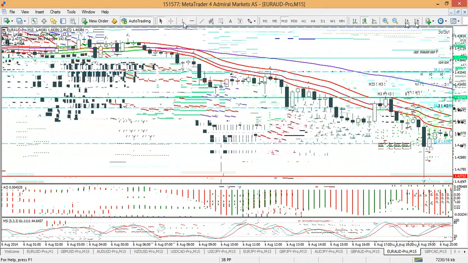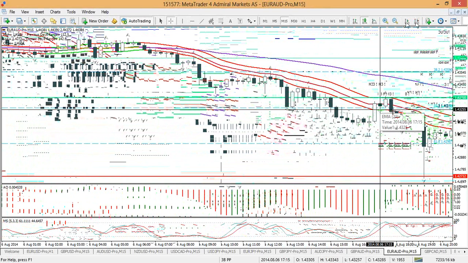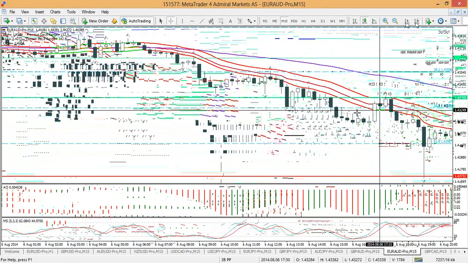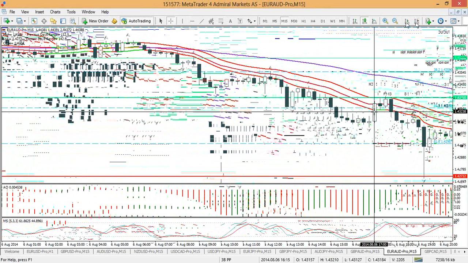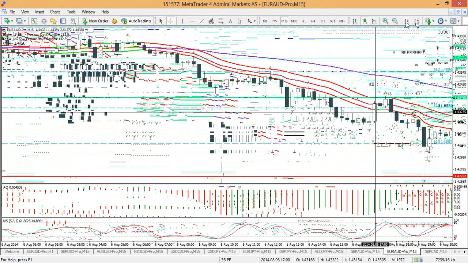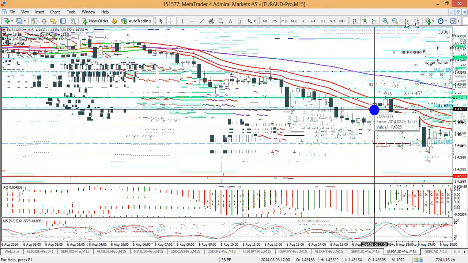Let's see, one I exited small parts at here on this bullish rebound candle at 25. That's half of the position I closed there.